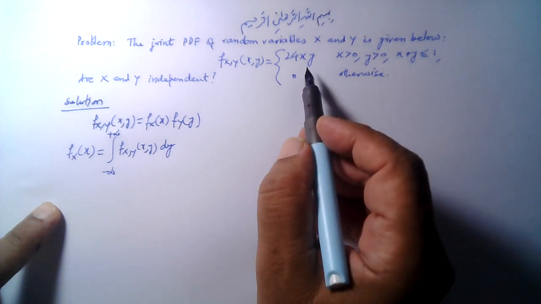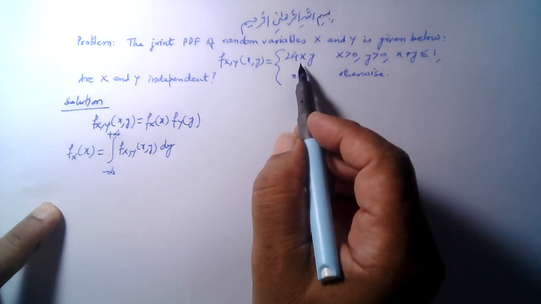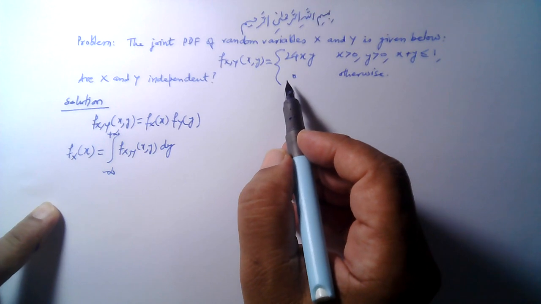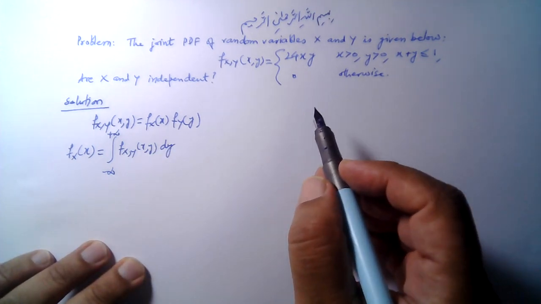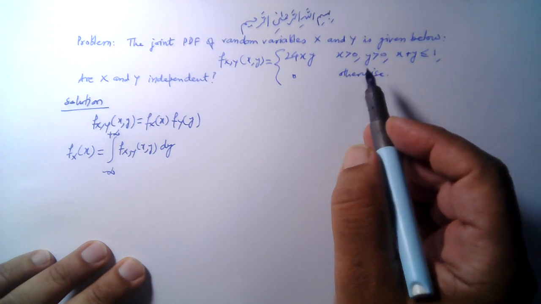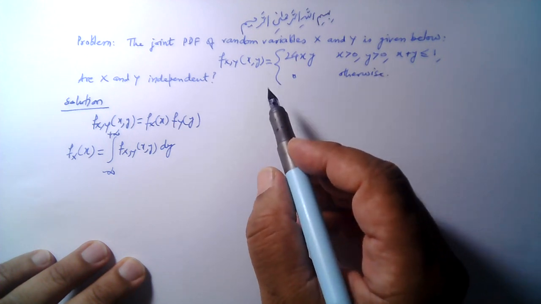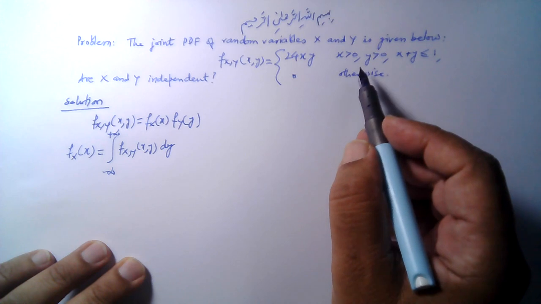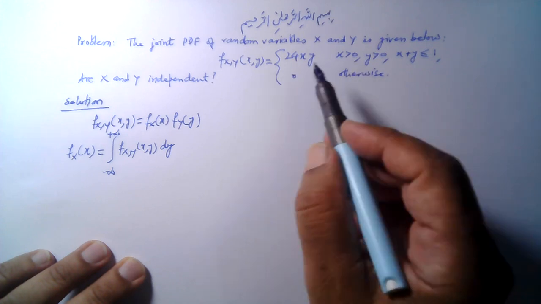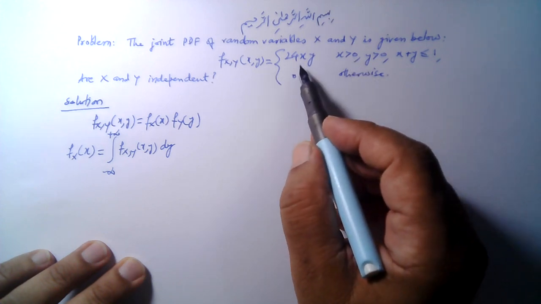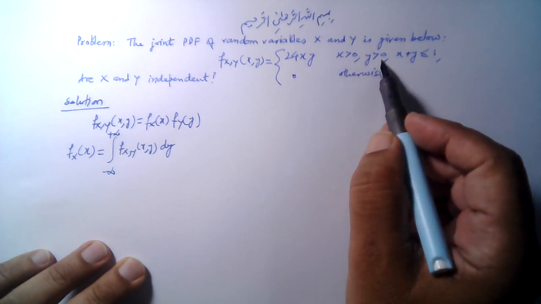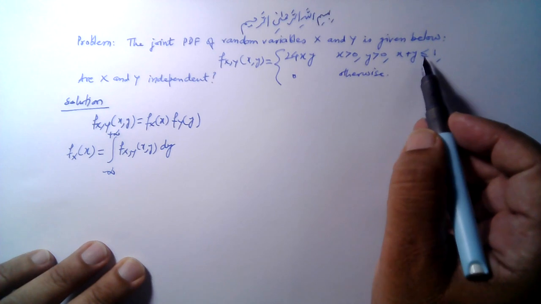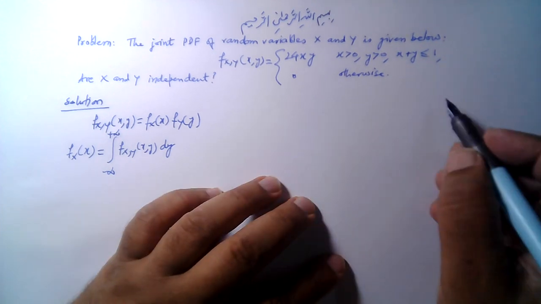So we have this PDF here for the non-zero region, and we first need to also determine the non-zero region of this joint PDF. It's given that this PDF has this value for this region: x greater than 0, y greater than 0, and x plus y less than or equal to 1. Let's plot this region.